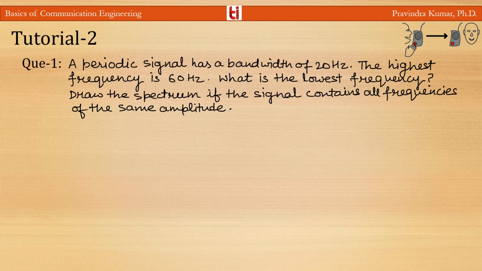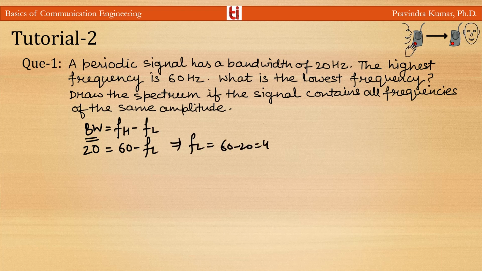Here we know the bandwidth is equal to the difference between the highest frequency component and the lowest frequency component. The bandwidth is given as 20 Hz and the highest frequency component is 60 Hz, and from this you can find the lowest frequency component, which is 40 Hz.